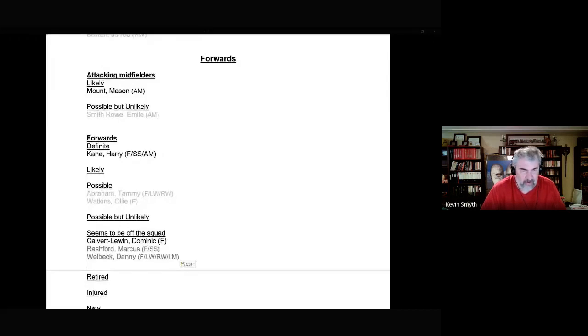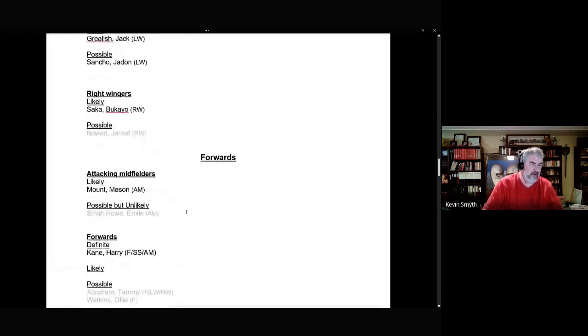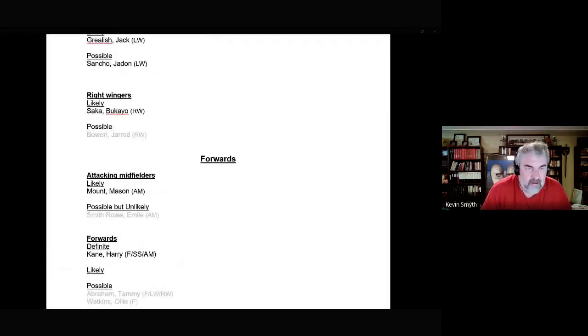And a couple of others too, Callum Wilson and Patrick Bamford, all of those seemingly off the squad. But with a chance to get back on, which is why we included them in this list. Generally, it means that they've appeared since 2020, the players who we have as seemingly off the squad.